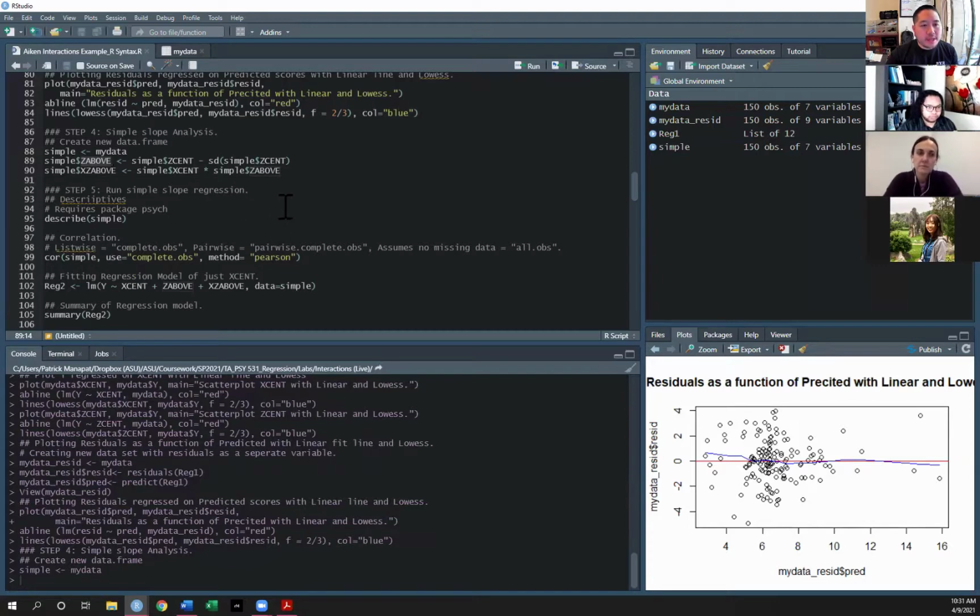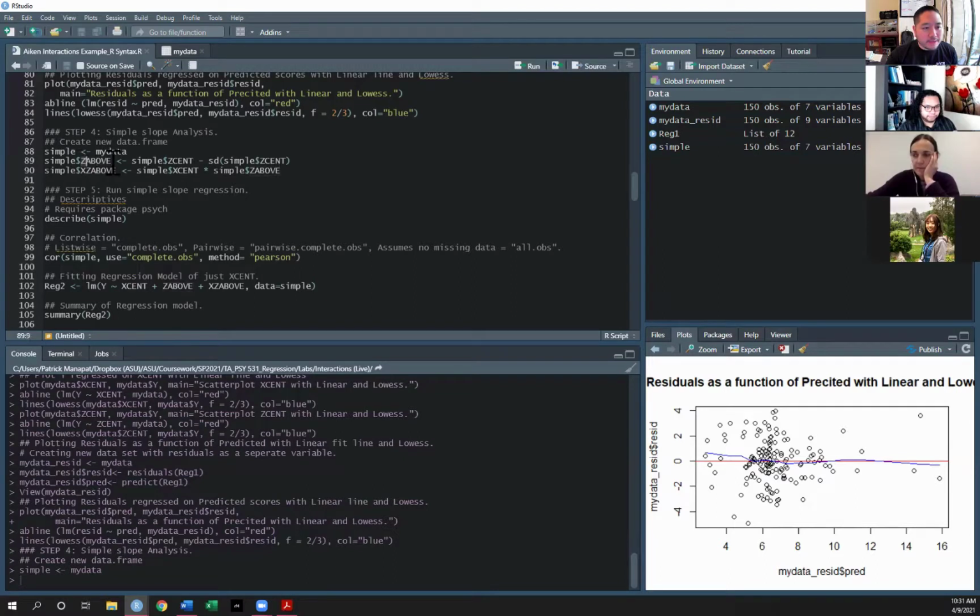The handouts that I'll be posting go a little bit more in depth into why this is, but I still don't quite get it all the way. To get z above, we're actually going to subtract the standard deviation of z. The reason is that it'll shift the 0 value to one standard deviation above by subtracting. So it's a little bit backwards. So I just remember that it's backwards.